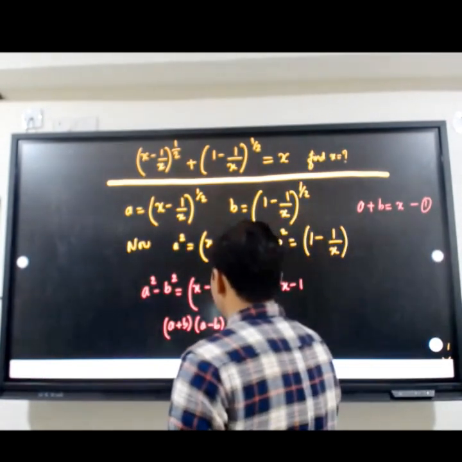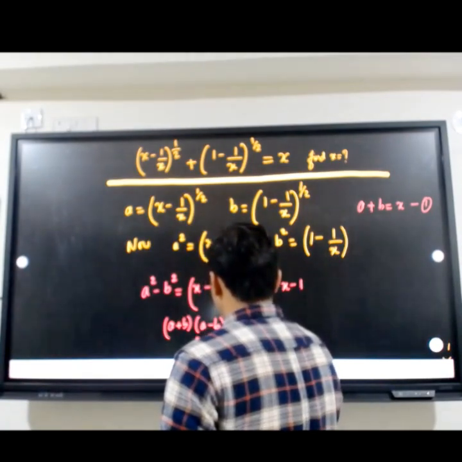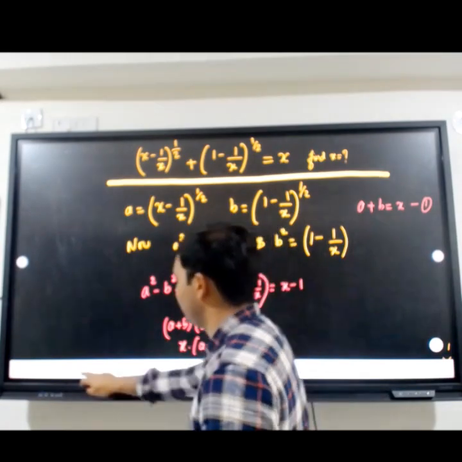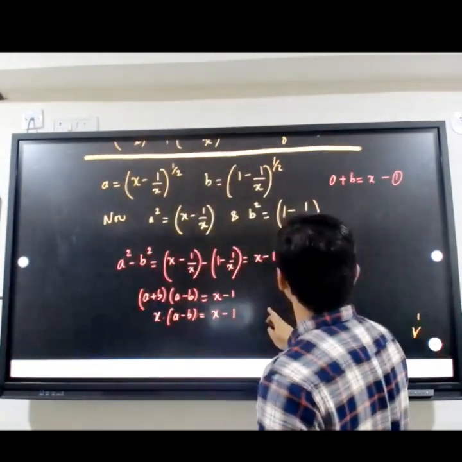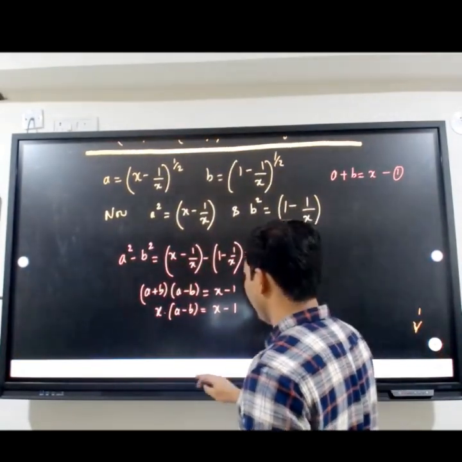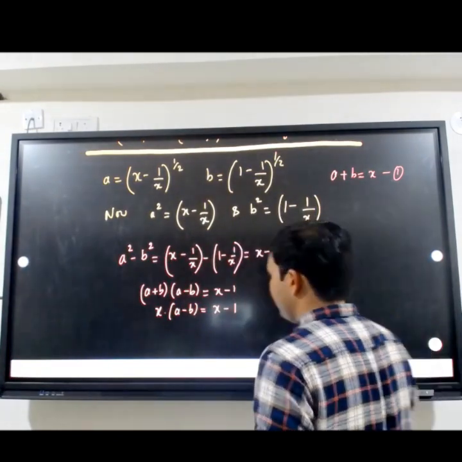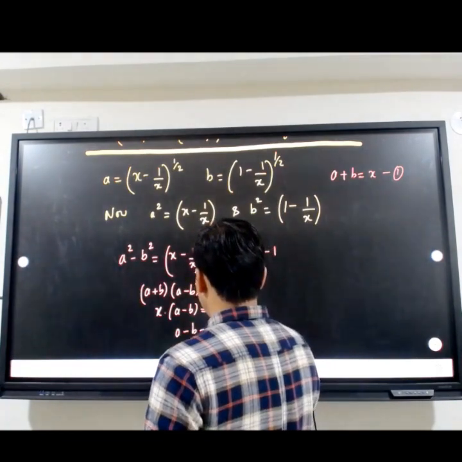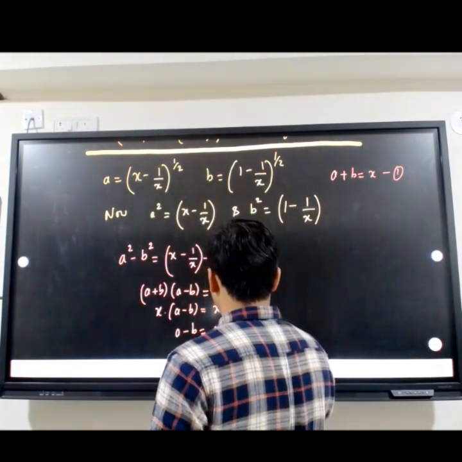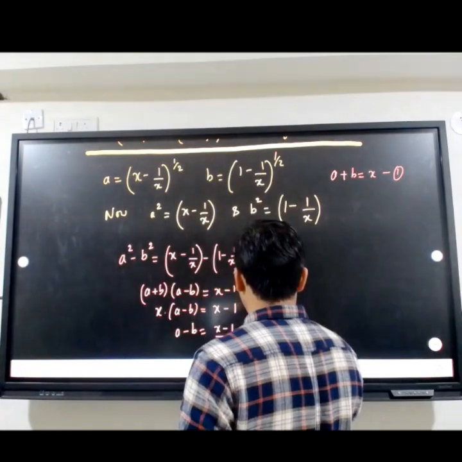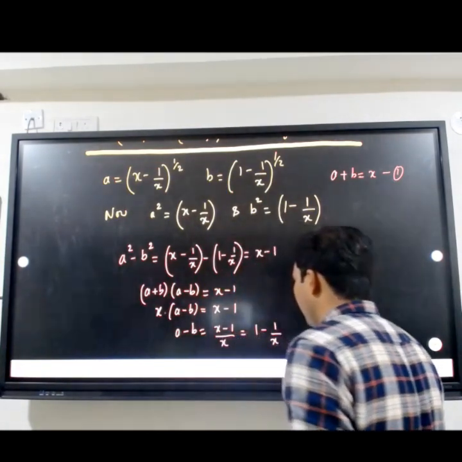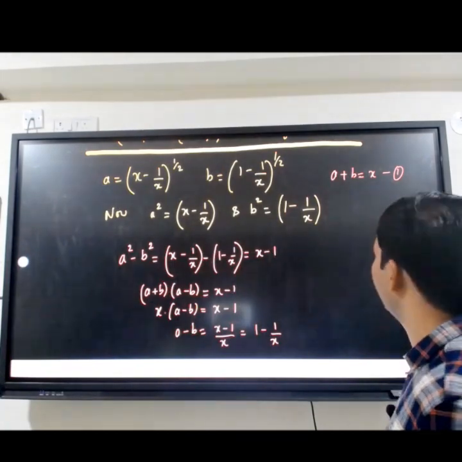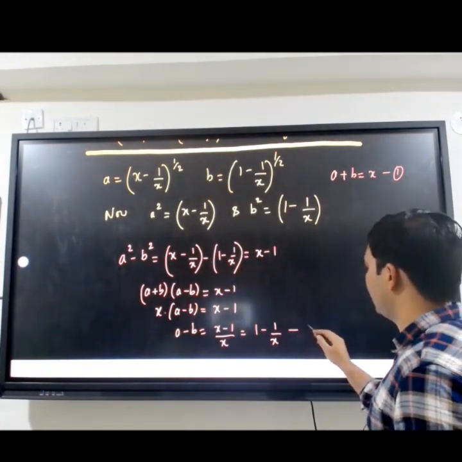So I can write here a − b = (x − 1)/x. After this, we get a − b equals (x − 1) divided by x, which is nothing but 1 − 1/x. All right. So this is the value of a − b. Call this equation 2.